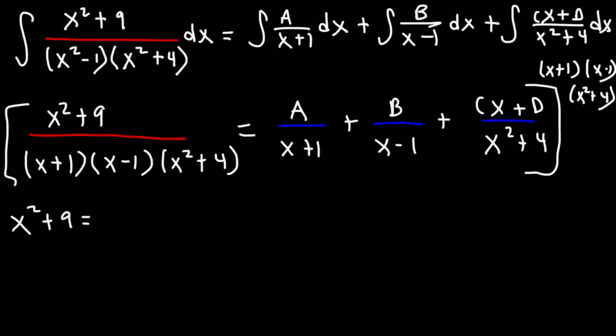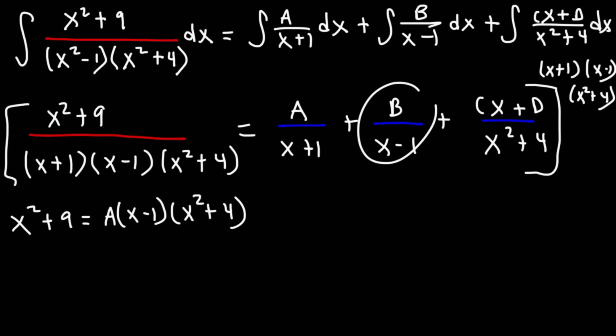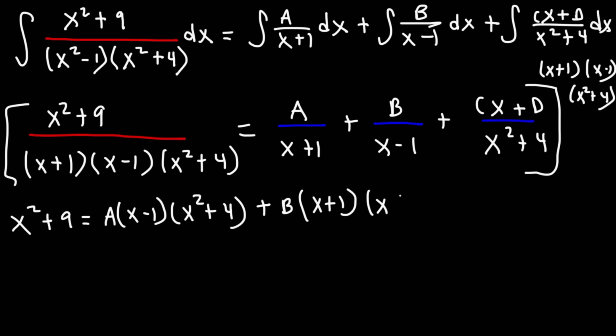The x plus 1 factors will cancel, leaving behind a times x minus 1 times x squared plus 4. Next, we're going to multiply this fraction by that. x minus 1 will cancel. And so we're going to have b times x plus 1 times x squared plus 4.